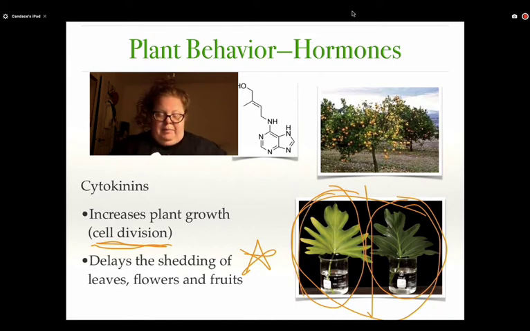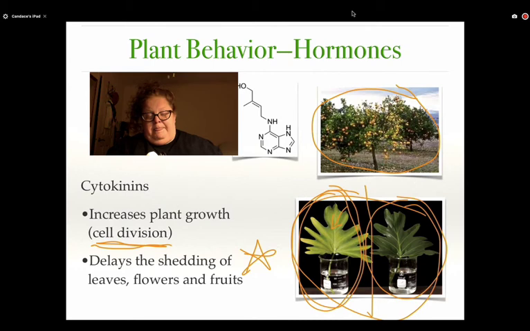And the other one, because it doesn't have that hormone to prevent it, it's starting to degrade. The chlorophyll is starting to degrade in the leaf. And that is also something we see in fruits. Whenever the plant is holding on to its fruits, that is due to cytokinins. So that's another group. That was our third one.